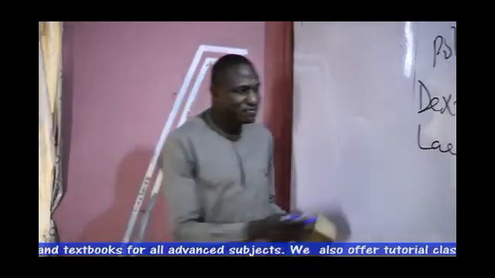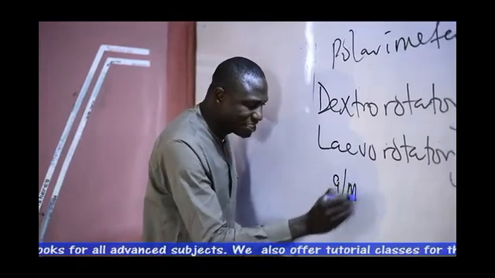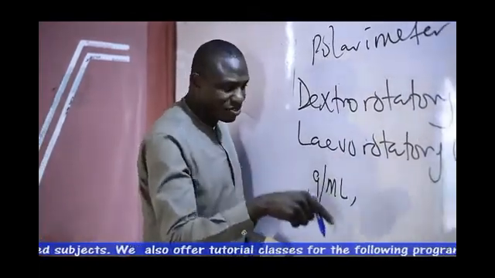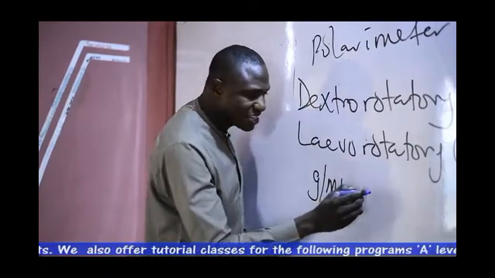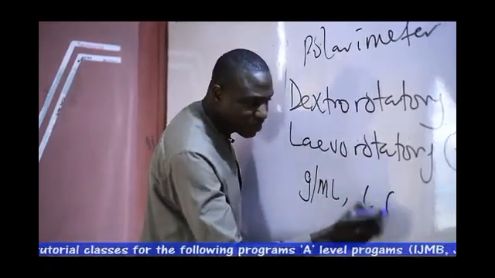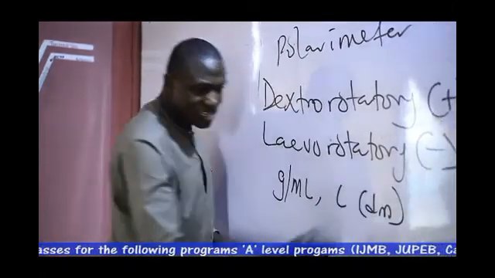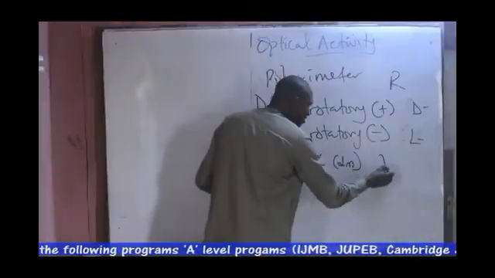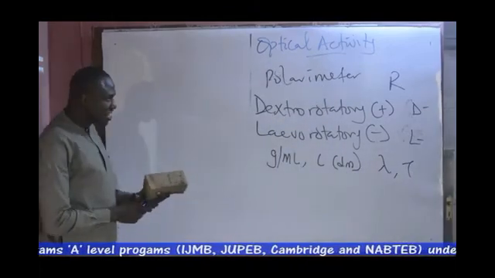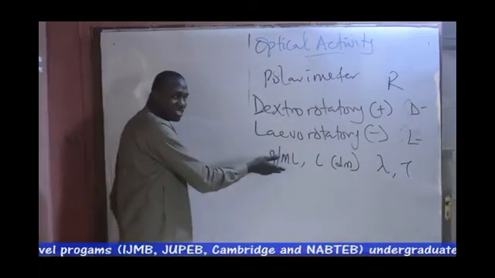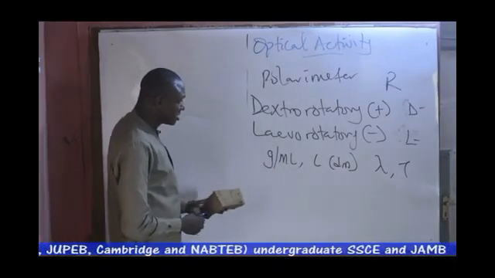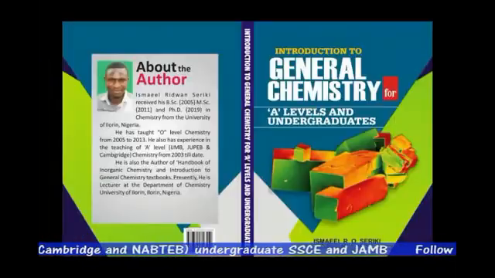The concentration is measured in gram per milliliter, and it is also dependent on the path length of the sample tube, represented as small letter L, measured in decimeter, and also on the wavelength as well as the temperature of the system. So when the concentration of the solution is doubled, of course, you expect a larger degree of rotation of the molecule.